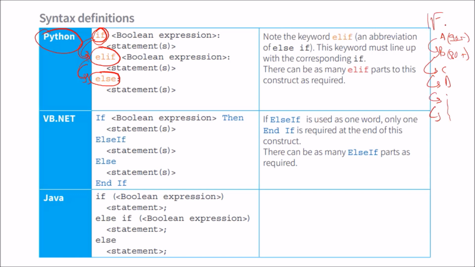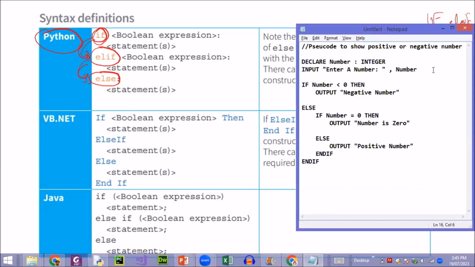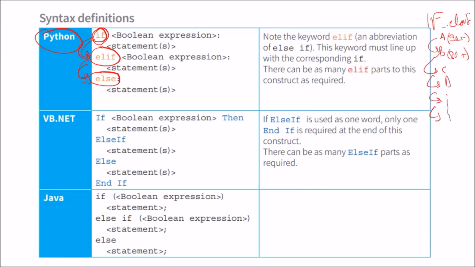So you have to use else, or you can say else if. We are not using nested if, because in nested if, however many conditions we use, you have to use its end if too. So it's easy if you are using else.